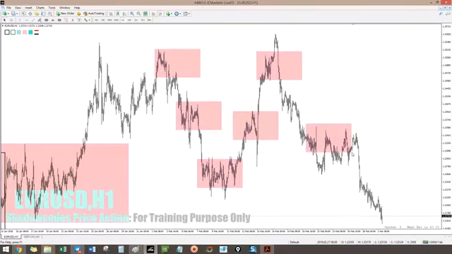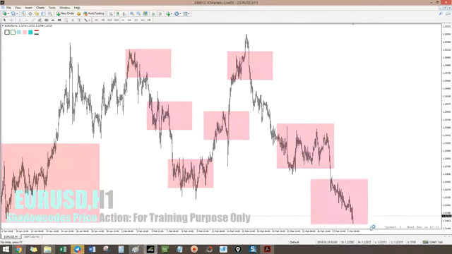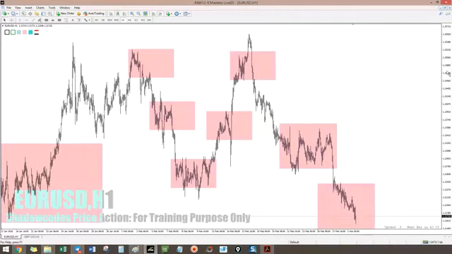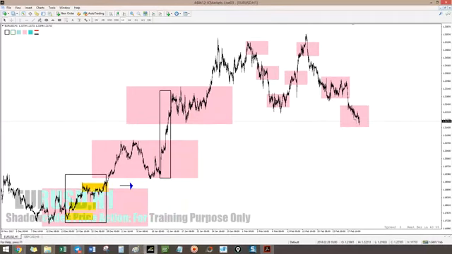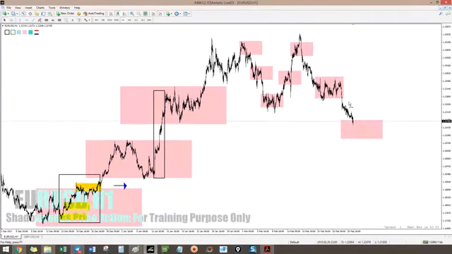And where does it go next? Maybe here. So you just need to wait in this area. We will find the QM pattern and everything in the excessive market.